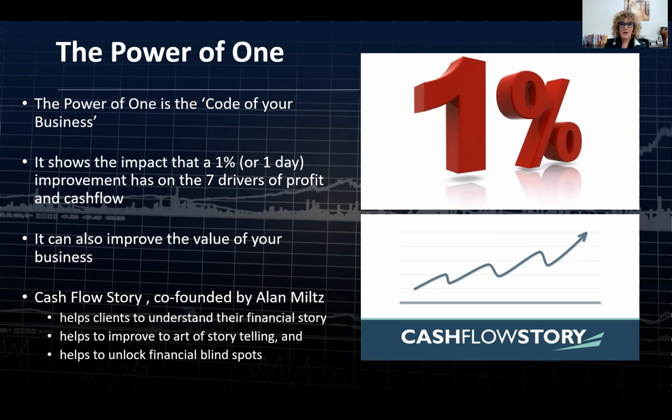All right. So what we use at Clearpath Accounting is software called Cash Flow Story, and that was co-founded by Alan Mills. And we use that to help our clients understand their financial story. It helps me improve the way I talk about their finances.